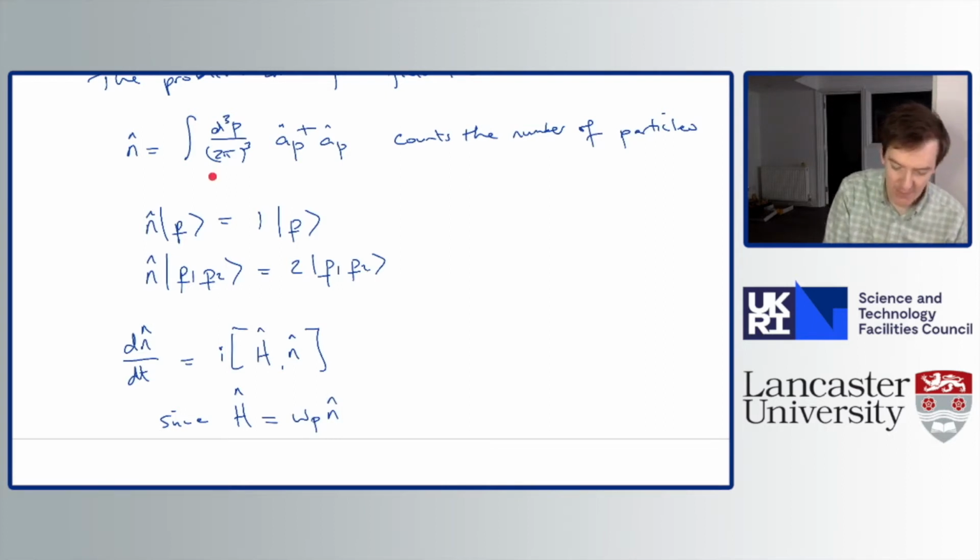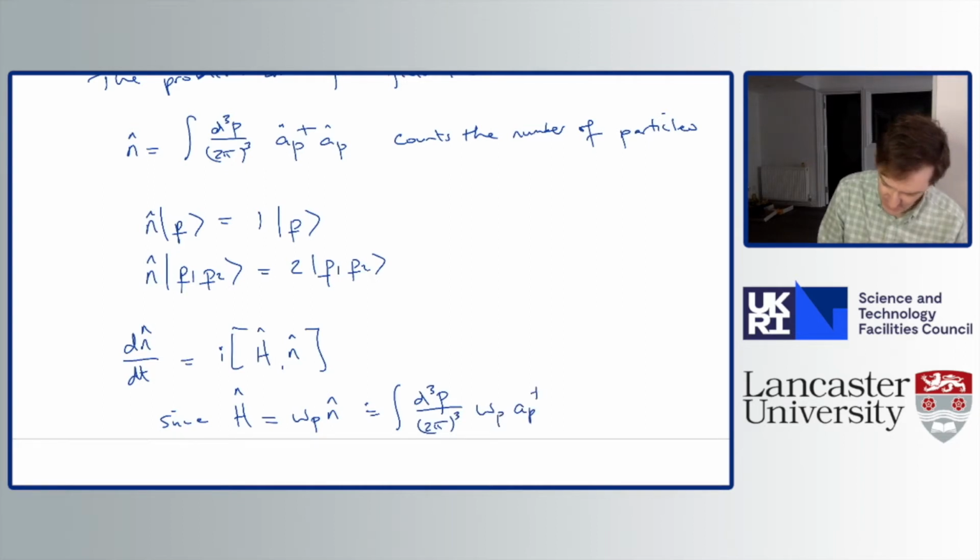Okay, so the only difference between the number operator and the Hamiltonian operator is an ω_p factor. I should be a little bit careful because I don't want to pull it outside of the integral. This is what we would have.